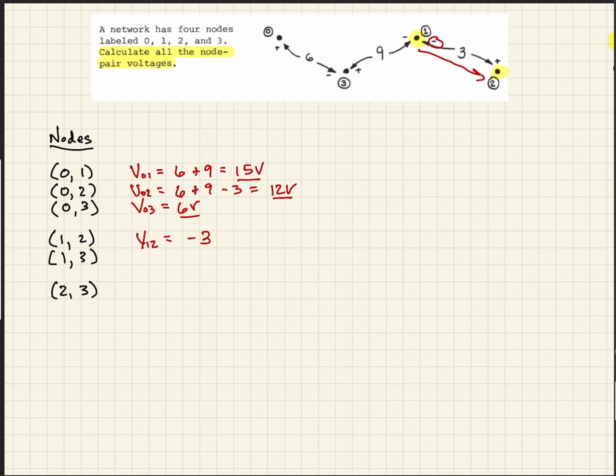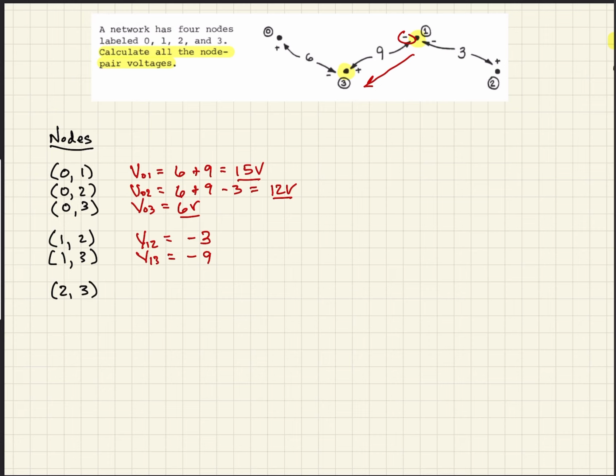Simple enough. Next, we'll go from 1 to 3. So that's from here to here. So V13 then is going to be from here to here. Again, we encounter the negative from our node. So that's just a minus 9. So V13 is minus 9.